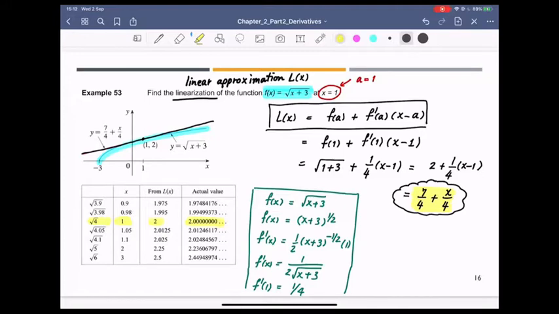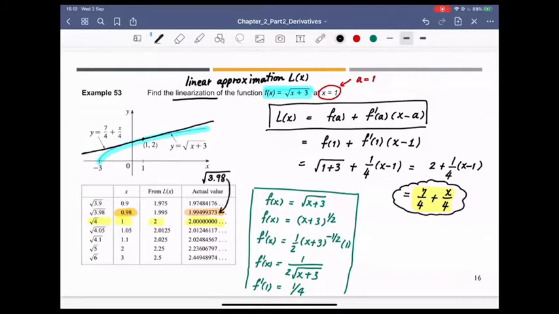But when you look at the point x equal to 0.98, so I'm going to switch the color, the actual value is going to be 1.994. By this, I mean if you use a calculator to compute the square root of 3.98, you're going to get this number.